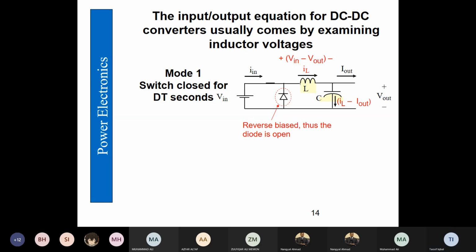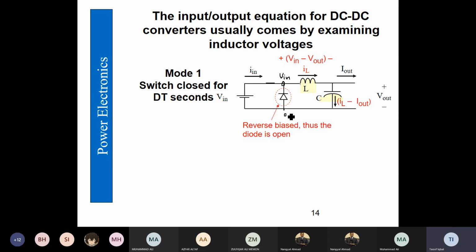The input current flows and the diode gets reverse biased. Why? Because if we consider an ideal switch, then when it is closed, the input voltage will appear across the diode as a reverse bias, because the cathode is at higher potential and the anode is at ground.